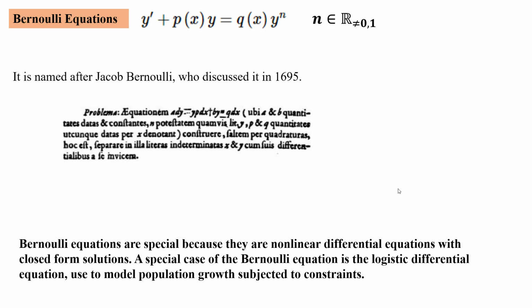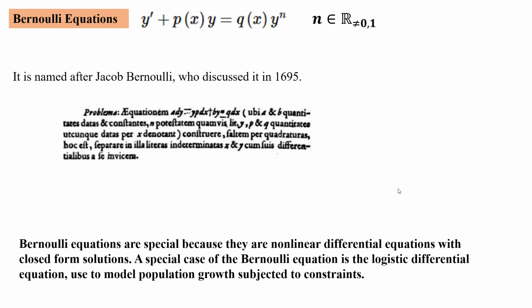All right, and then the other thing that makes it special is a special case of this equation is called a logistic differential equation. Logistic equations are used to model population growth subject to constraints. I know you know how to model population growth without constraints, like if something increases by 1% each year or whatever. But in reality, there's usually constraints.